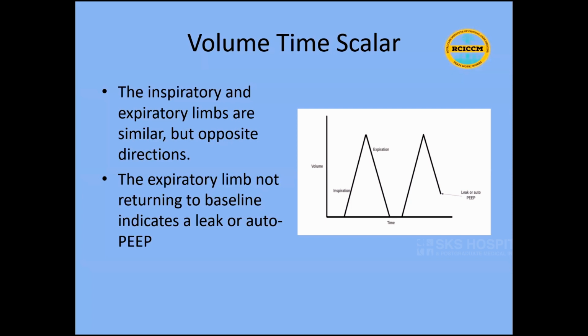For this particular slide, the expiratory limb of the second volume time scalar stops short of touching the x-axis. That could raise the possibility of a leak or auto PEEP. So the volume time scalar can tell you many details, which will be dealt with by Dr. Sunil Karant later.